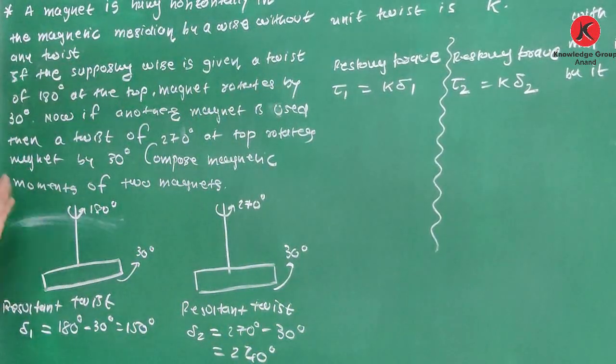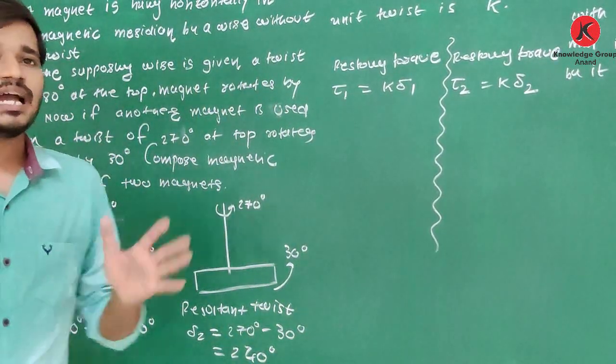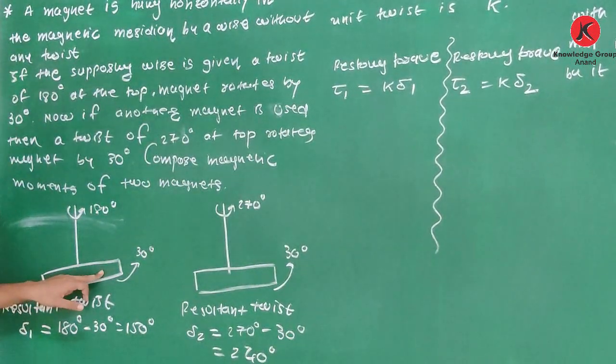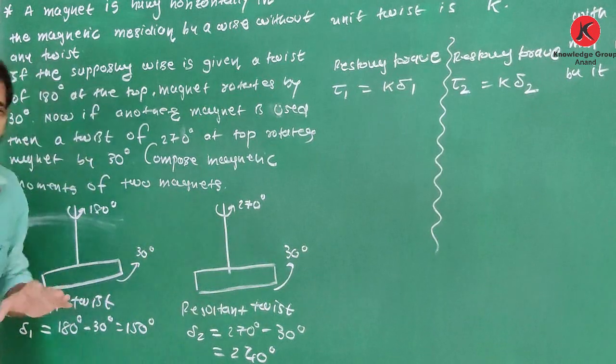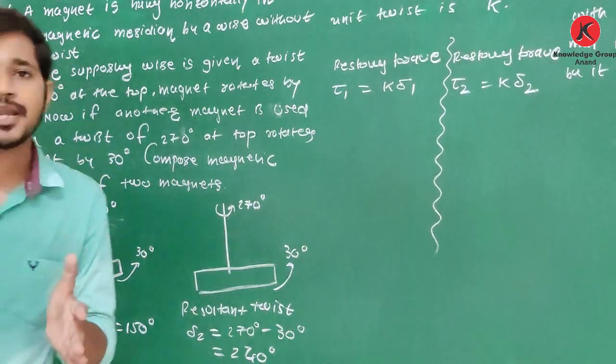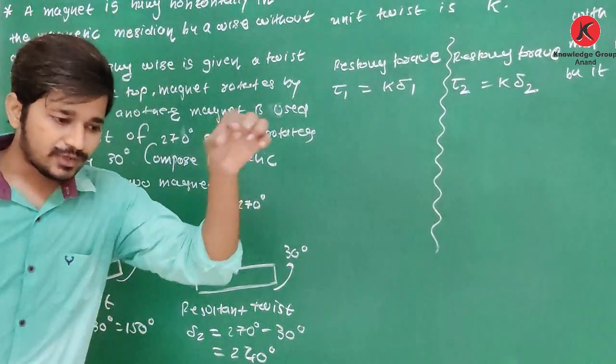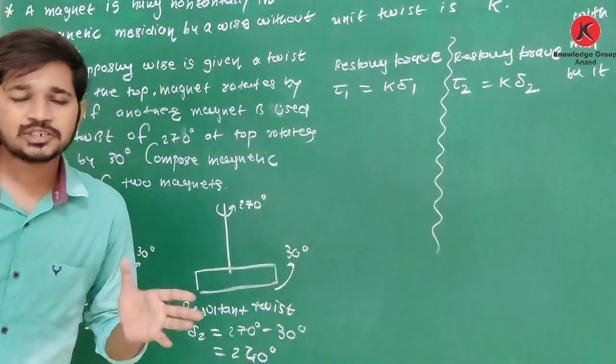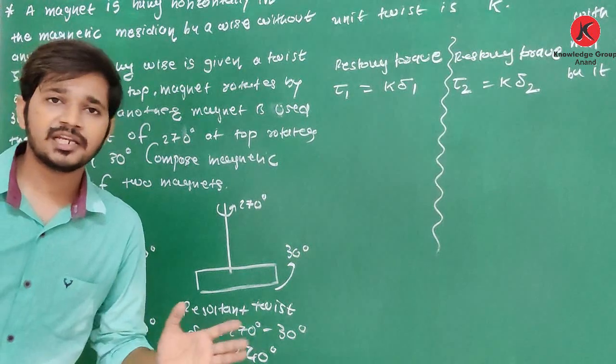Now, as they are placed in a magnetic field, this magnet rotates by 30 degrees and this magnet also rotates by 30 degrees. We know that whenever a magnet or needle is freely suspended in the magnetic field of Earth, it will align in the direction of the magnetic field of Earth, that is in the magnetic meridian.